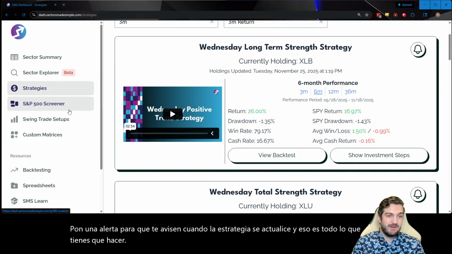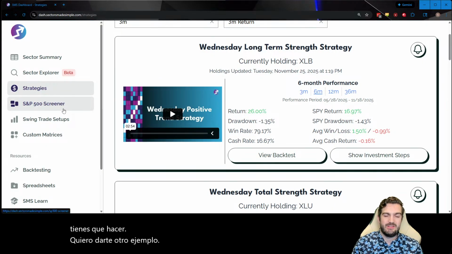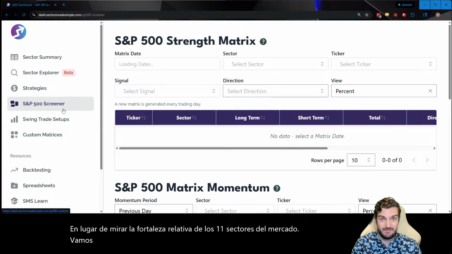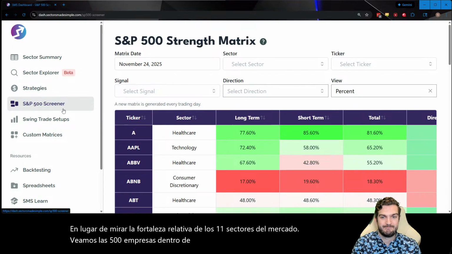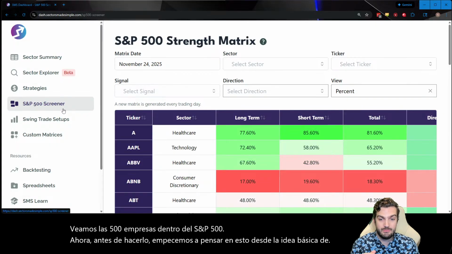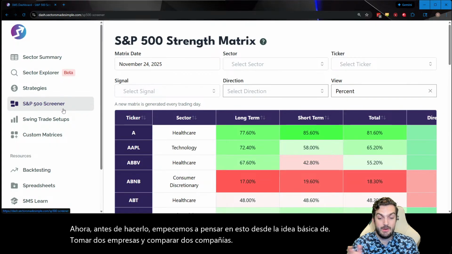I want to give you another example where instead of looking at relative strength of the 11 market sectors, let's look at the 500 companies within the S&P 500. Now, before we do, let's start to think about this from the basic idea of comparing two companies to comparing 500.